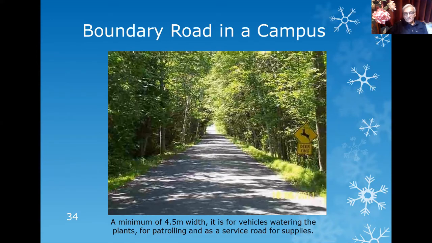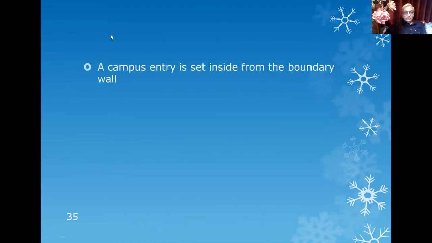So these are some of the important aspects and advantages of having a boundary wall road in a campus. So parking and a boundary wall road, these are important aspects of having a good car parking and a driveway to be designed inside a campus.